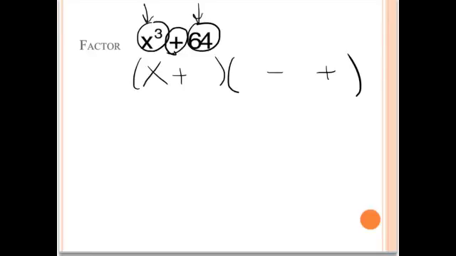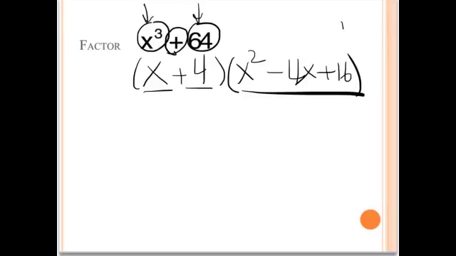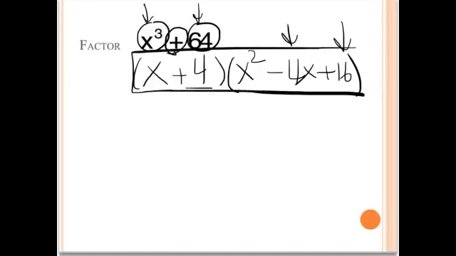And 64, the cube root of that is 4. So those two numbers go there. And then we square each one of those numbers. The x squared goes at the beginning, and then the 4 squared goes at the end. And then in between, we take both of these numbers and multiply them together and put that in between right there. Now we can't factor this. There are no two numbers that multiply together to get 16 and add together to get negative 4. So we just leave it like this.